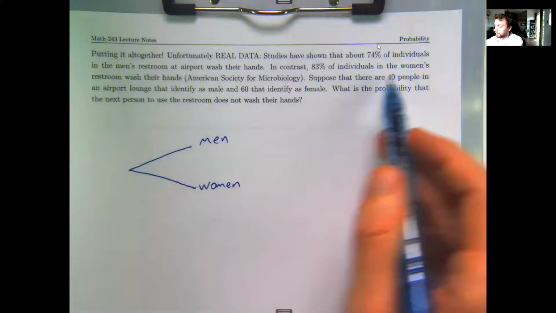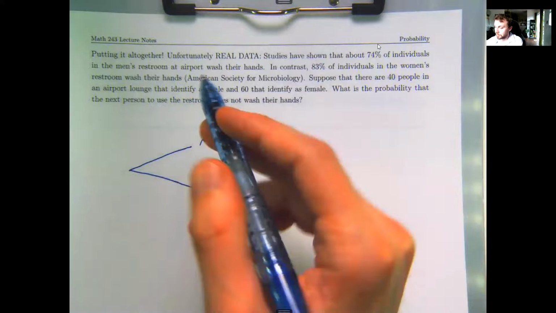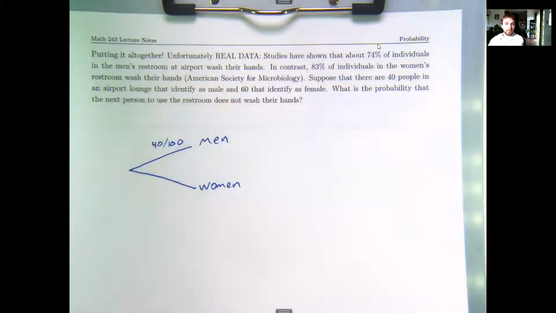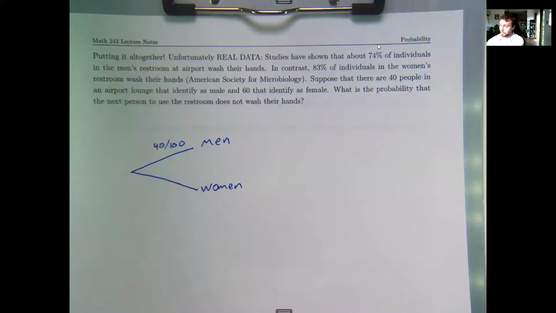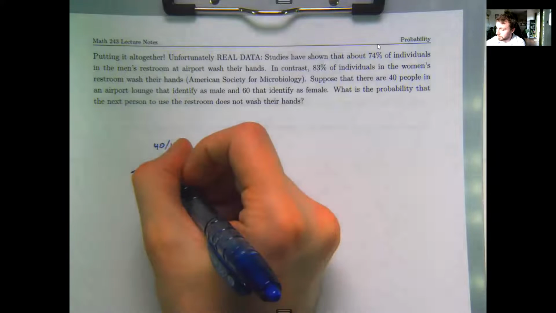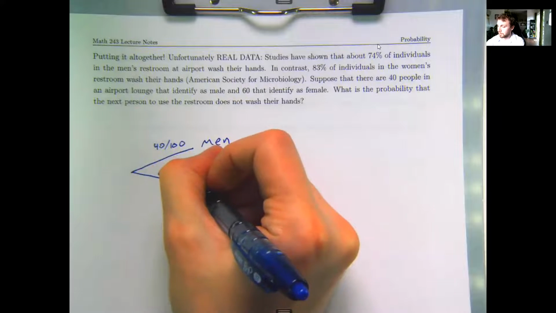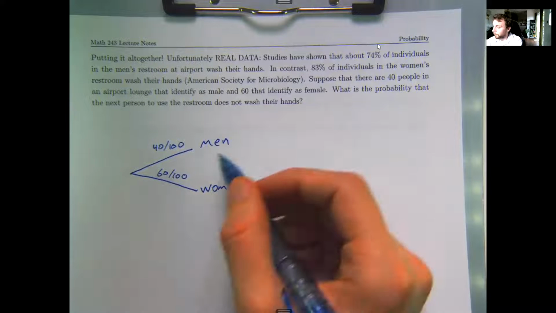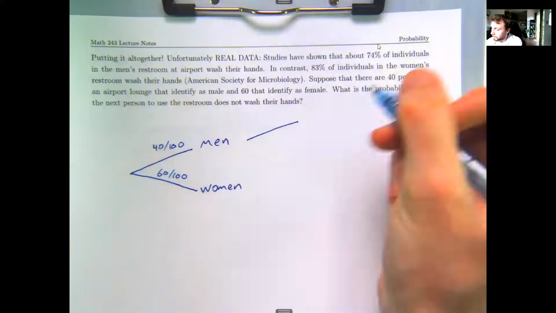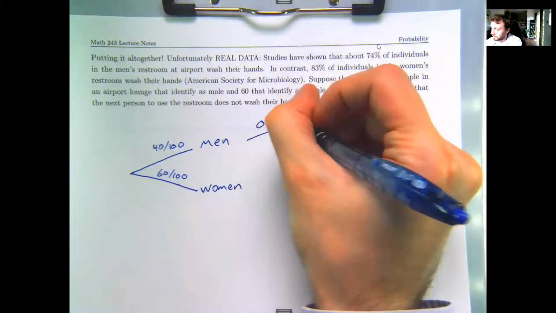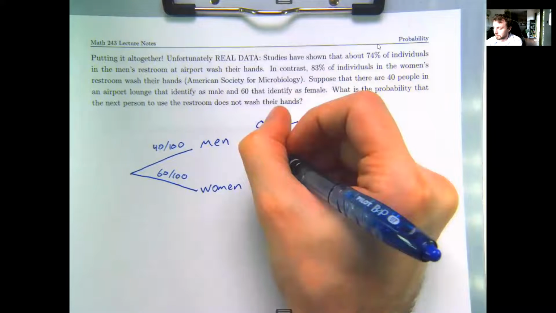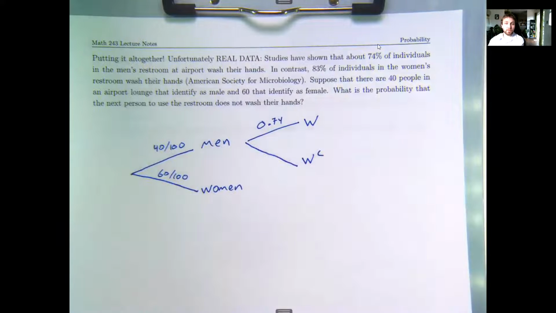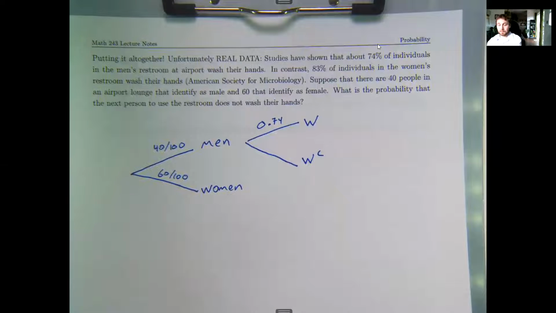40 out of 100, 40 and 60 gives you 100, identify as men. And 60 out of 100, or 60%, identify as female. For the male group, 74% wash their hands. So I'm going to use a little bit of an abbreviation here, W with the C to mean does not wash their hands.